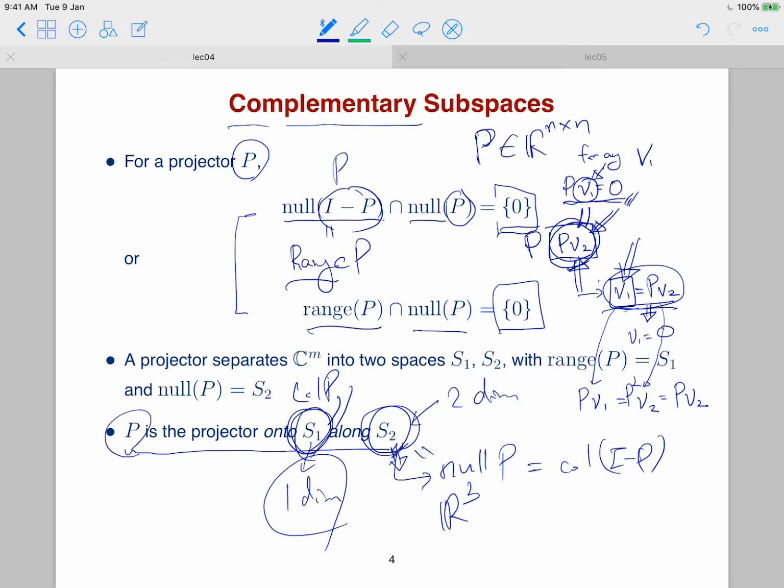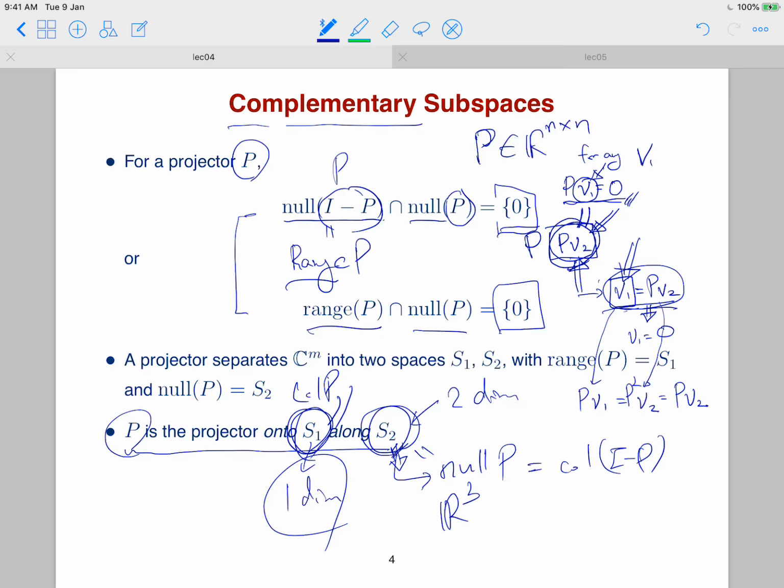We consider any arbitrary vector or point here in the three-dimensional space, and suppose our projected point is this point. This line is, in this particular case, the direction of light shedding, and it belongs to the null space of P, or the column space of I minus P. And what is our S2?